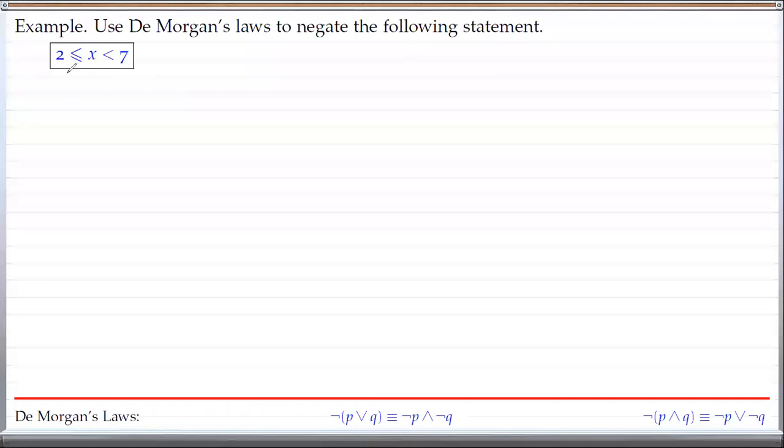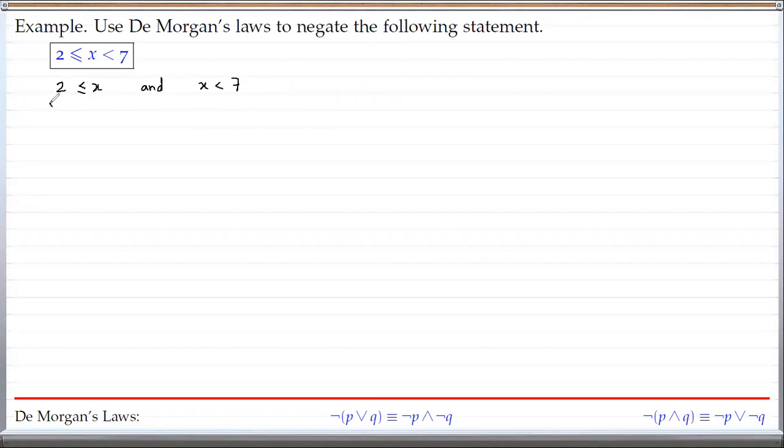Let's look at the next example now. Here we have "X is greater than or equal to 2 and X is less than 7." I can split this into two sentences like that.